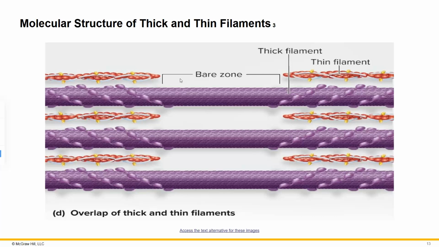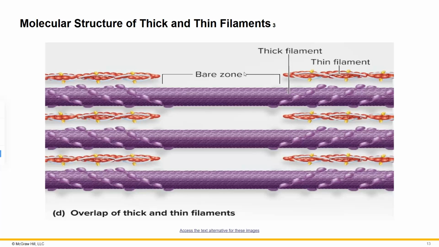So here you can see the bare zone in the middle. The bare zone doesn't have any overlapping actin. Here you can see the actin, troponin, tropomyosin complex on one side and on the other side. The goal is for the myosin heads over here to be pulling this actin toward the center, and the myosin heads over here to be pulling this actin toward the center.